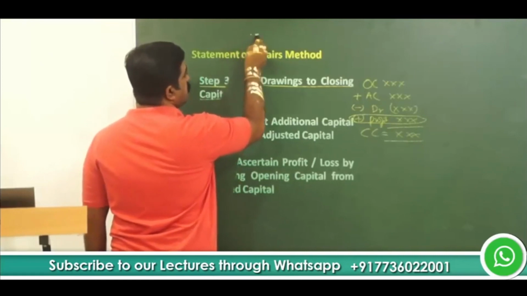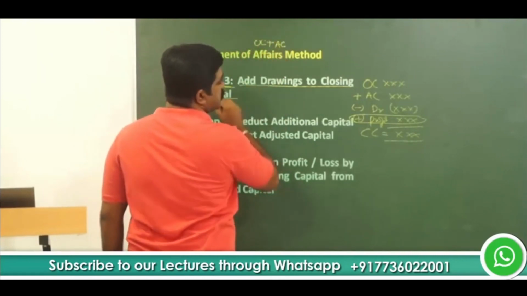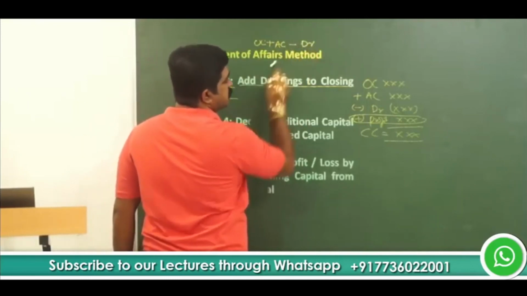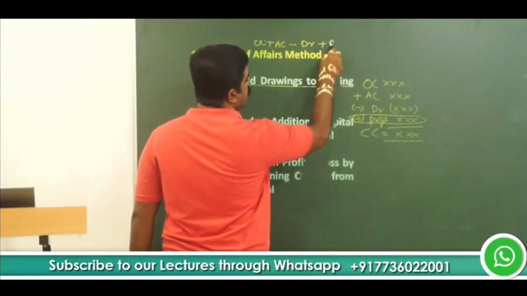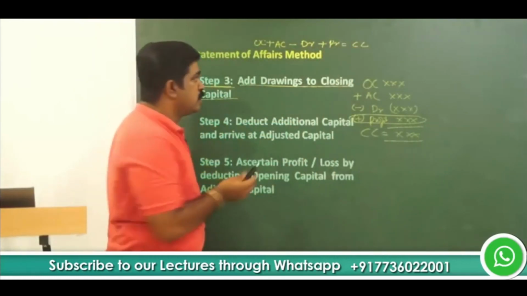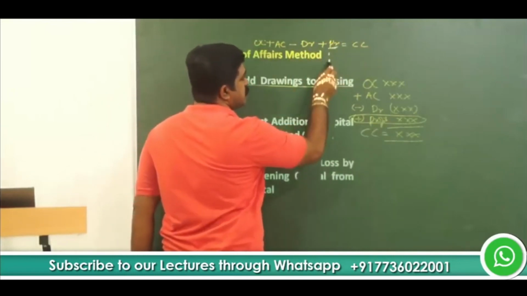Opening capital plus additional capital minus drawings plus profit is equal to closing capital, right? You retain the profit this side, shift all other items.